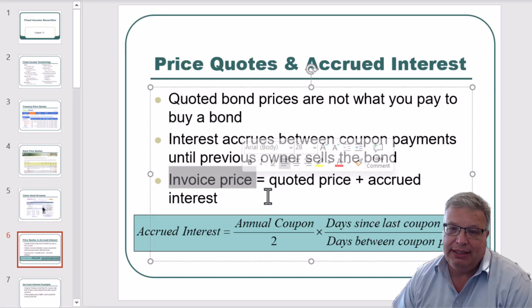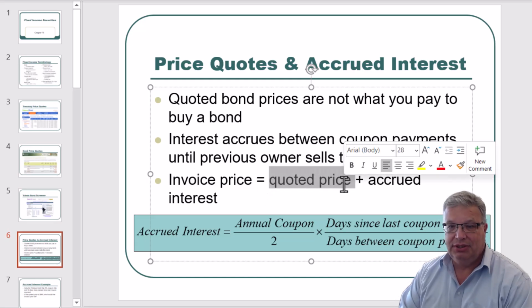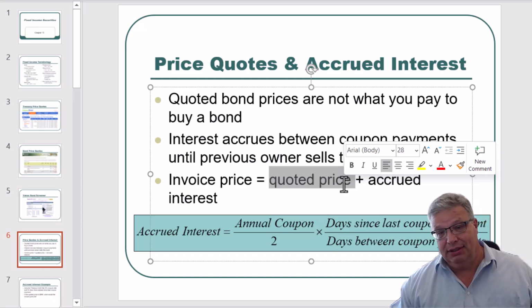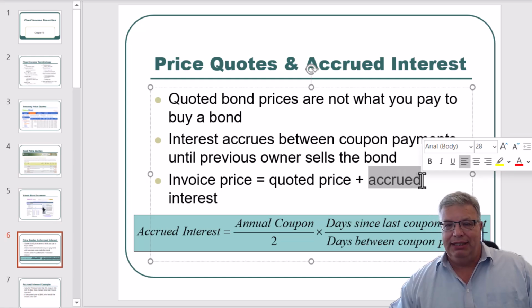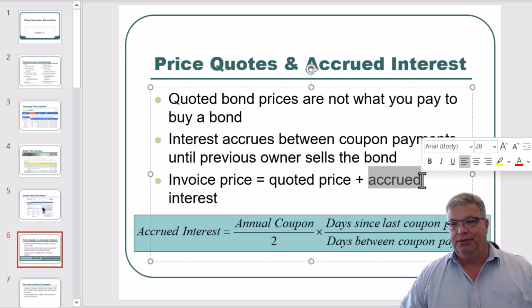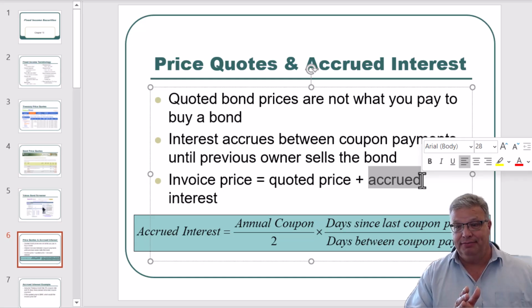The way to calculate that is to combine the quoted price, which is the price you see, like what we just saw on the slide ago, plus this accrued interest. The accrued interest basically has you pay the seller for the amount of coupon that is accrued from the previous coupon payment to when you bought the bond.